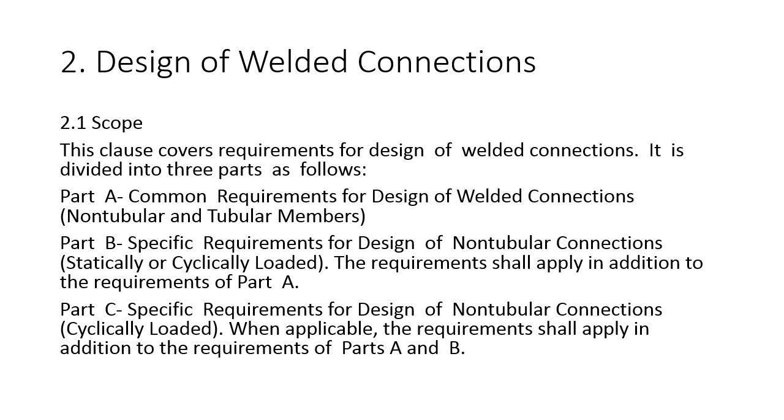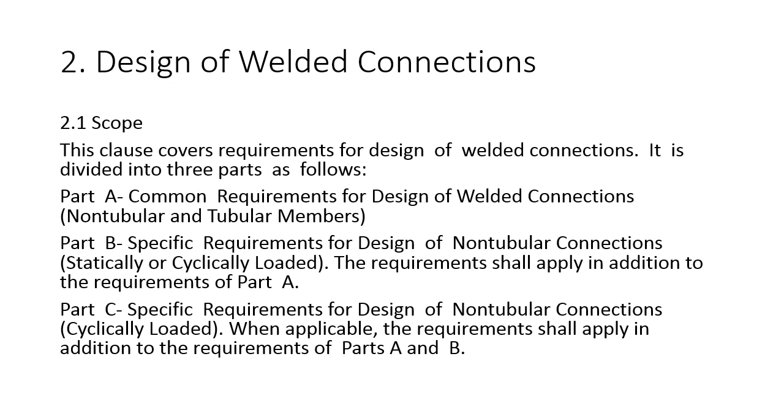My apologies. 2.1, scope. This clause covers the requirements for design of welded connections. It is divided into 3 parts as follows. It used to be 4 parts, but now it's 3 parts because I think they took a bunch of material from here and stuck it in clause 9 with all the tubular design connections. So part A is common requirements for design of welded connections, non-tubular and tubular members.